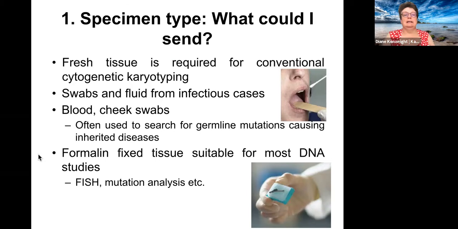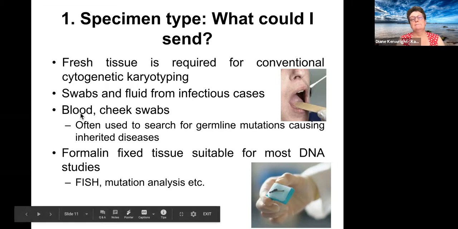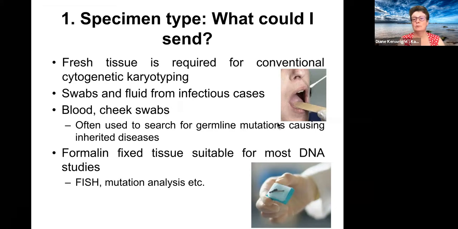So the first is that if you are attempting a carrier type, these cells have to grow, and so you have to send it fresh. You can send blood or cheek swabs for germline mutations, carrier typing, or more in-depth genome sequencing, but it needs to be sent fresh.